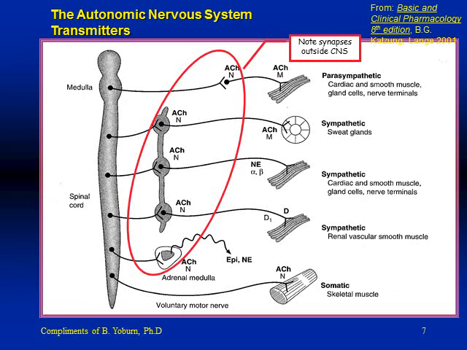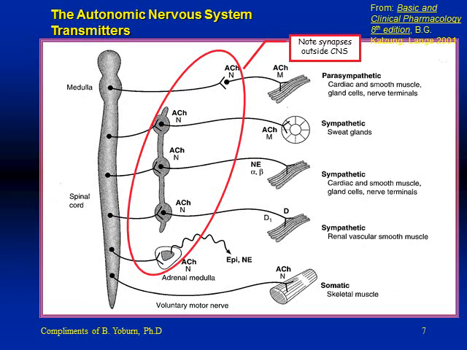And there will be a signal transmitted across the ganglion such that the postganglionic cell will transmit a signal down its axon to an effector tissue. So going from top to bottom, maybe that effector tissue is cardiac and smooth muscle or glands. Maybe it's renal vascular smooth muscle. There's some kind of tissue that's going to be affected by that transmitted signal out of the CNS through the ganglion and to the effector tissue.